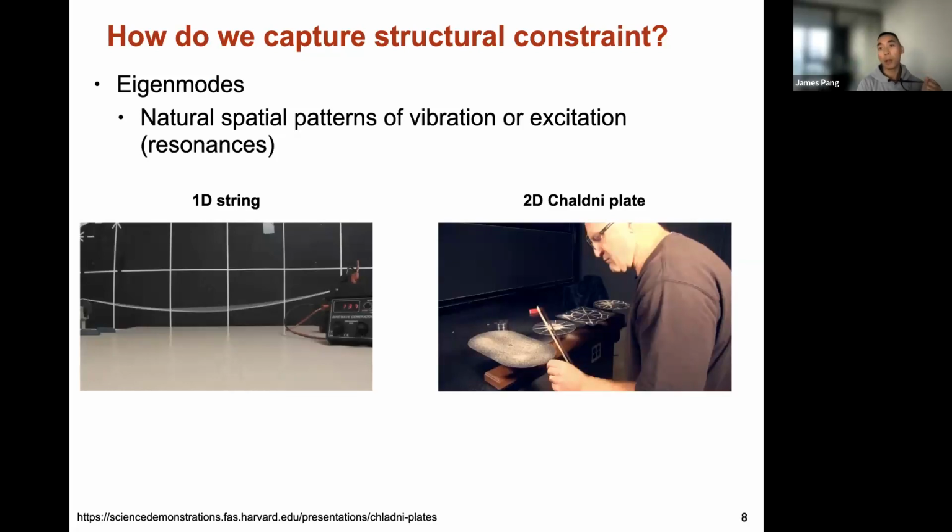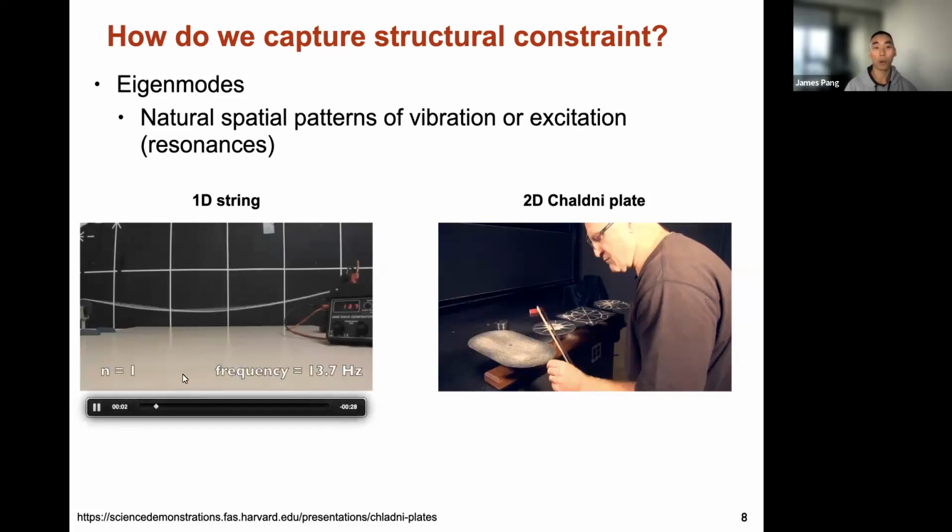We adopt methodologies from physics and engineering, where for a particular system, you can capture what we call the eigenmodes. And these eigenmodes are the natural spatial frequency patterns of vibration or excitations of a particular system. So, for example, for a 1D string, you would obtain this family of eigenmodes that have very, very unique patterns.